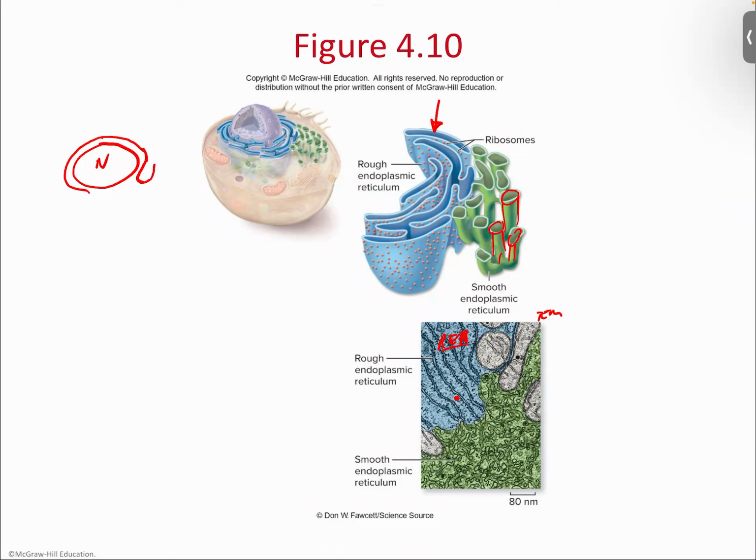And then it falls flat on itself because it's so big. That creates one flap of the ER. Then this is going to evaginate and create the same thing.